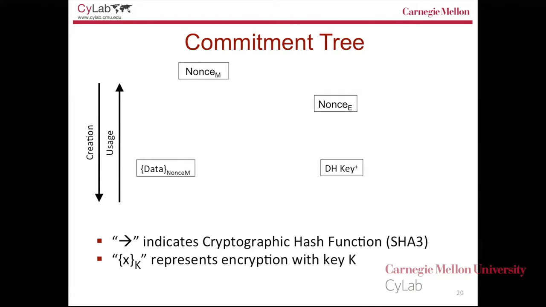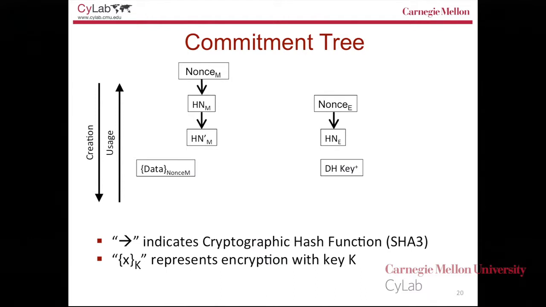And I also take my data. In this case, we're using a complex vCard as our data. And I use that nonce, which is the information up here I'm going to reveal last, and I use it to encrypt my data. We perform a couple of hashes at this stage to later determine which answer the users are giving.